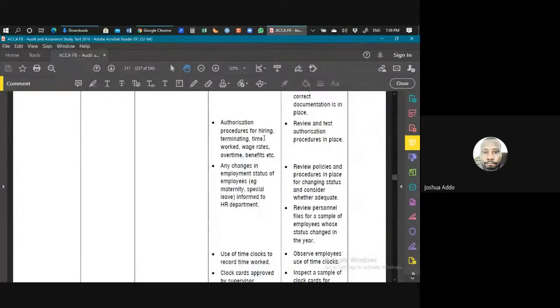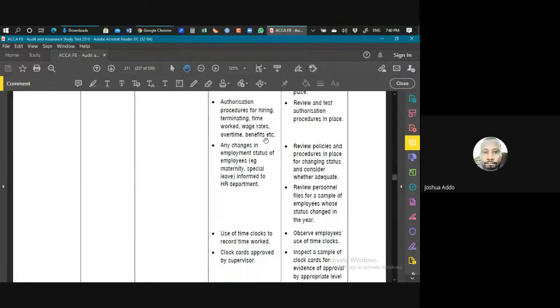The authorization will also ensure that there is complete documentation of these transactions. And all of the other things need authorization and documentation. Review and test authorization procedures and documentation, of course, as well.